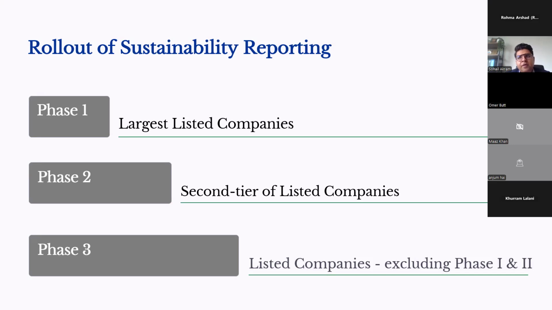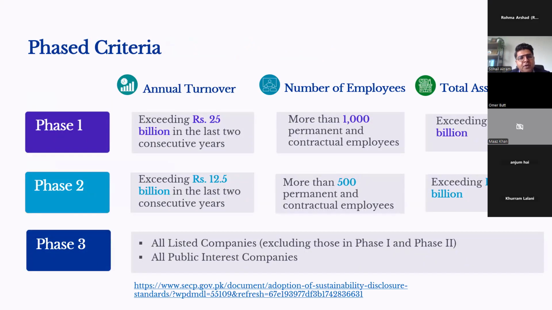Phase one, phase two, and phase three for listed companies are based on certain thresholds, certain criteria. There are three elements to this criteria: annual turnover, number of employees, and total assets. In phase one, a listed company which meets any two of these three criteria will fall in phase one, and IFRS S1 and S2 will be applicable from 1st of January 2025.